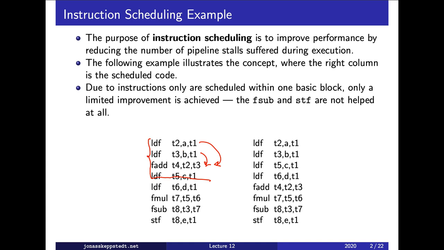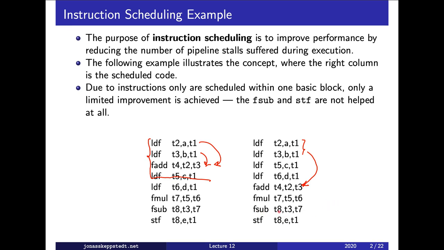So what is better is to change the order so that we do something else while waiting. Now the distance between these two loads and the add is increased, and there is probably a performance improvement. But for this subtract, there is not much we can do.